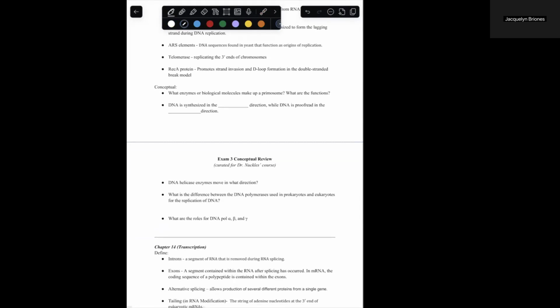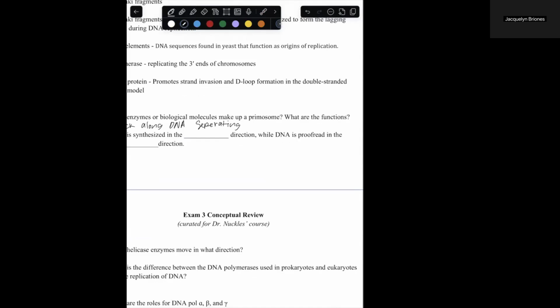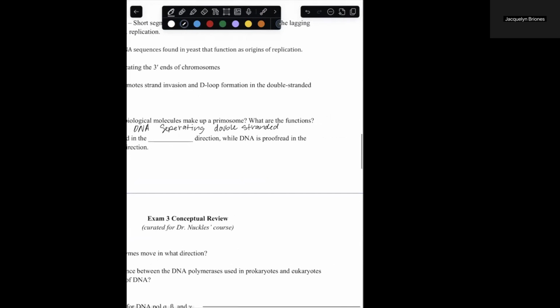So what makes up a primosome are the 6 proteins, and they track and synthesize RNA primers.